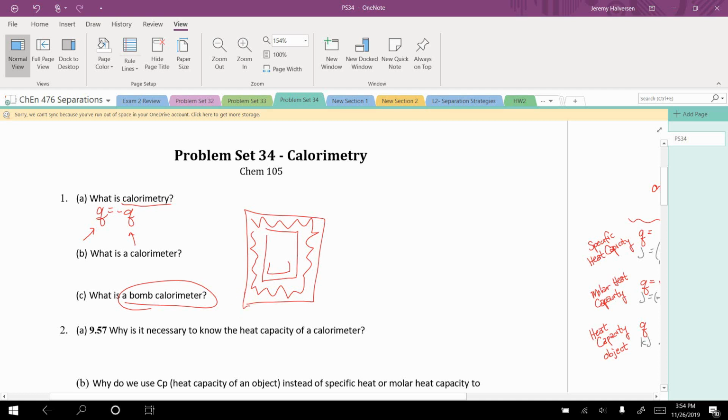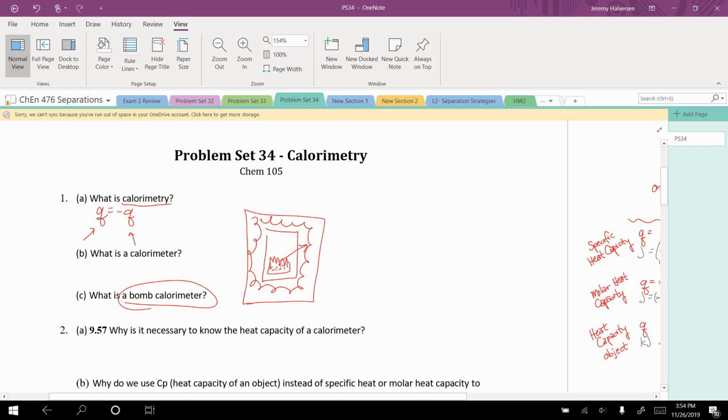But essentially you've got this big box, and then you put your stuff in here that you want to learn about, and you burn it. And when you burn it, it releases heat. That heat is absorbed by the box. And because we know the specific heat or the heat capacity of the box, we can learn something about the heat that was released from the thing that I burned.